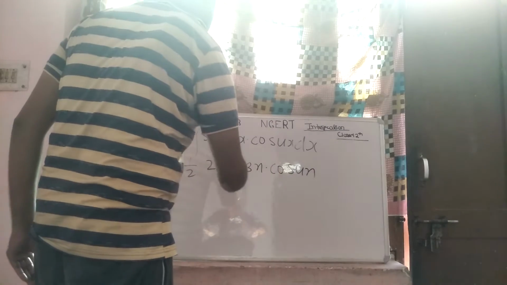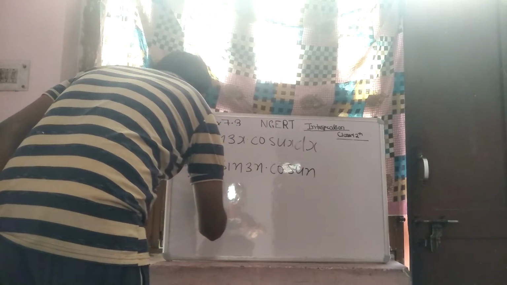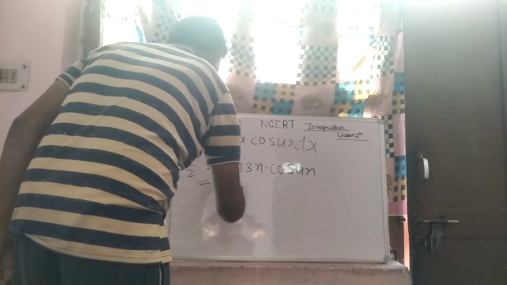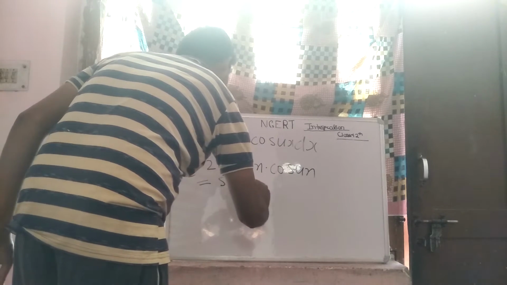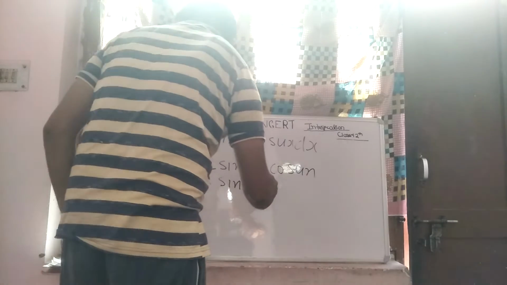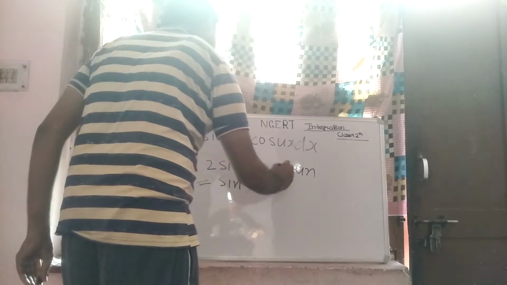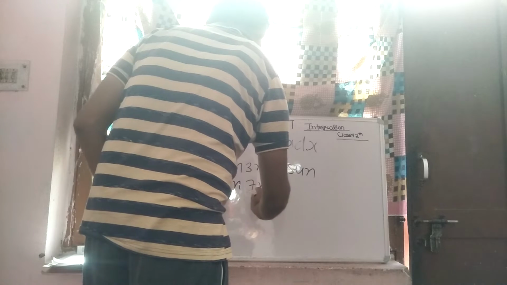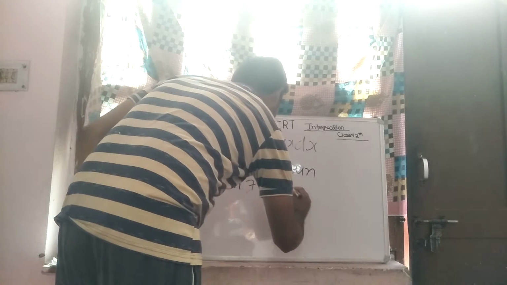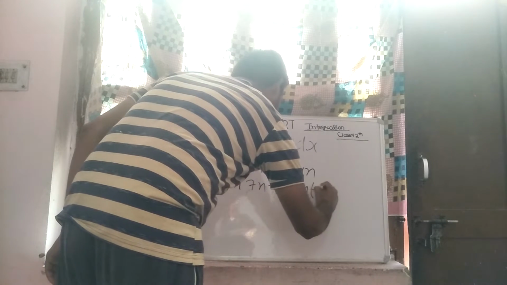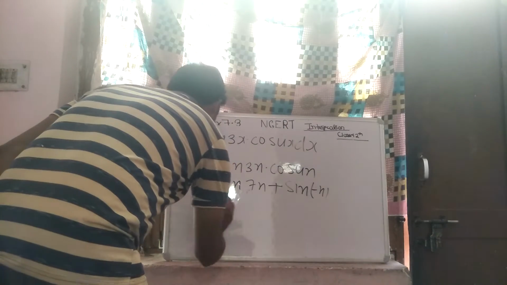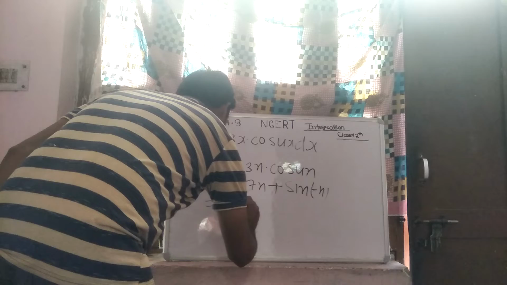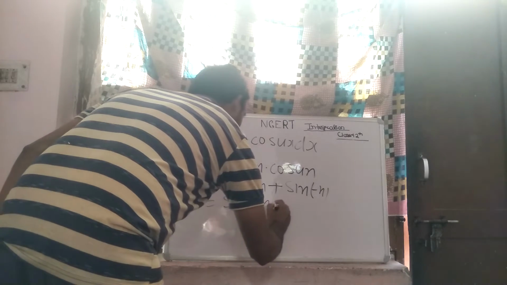The formula for 2 sin a into cos b is sin (a plus b) plus sin (a minus b), so sin (3x plus 4x), which is sin 7x, plus sin (3x minus 4x), which is sin of minus x, which equals minus sin x.